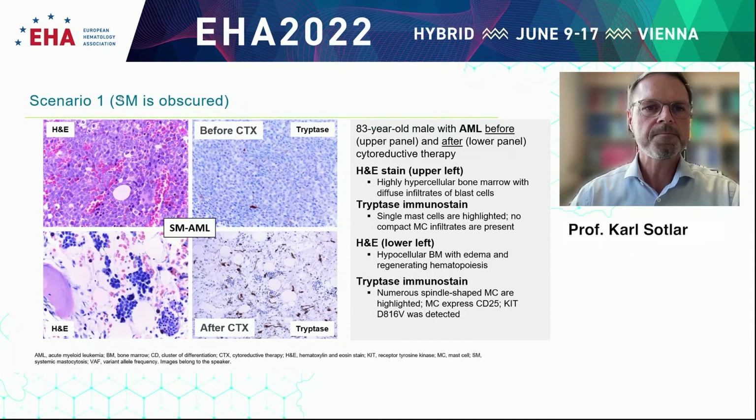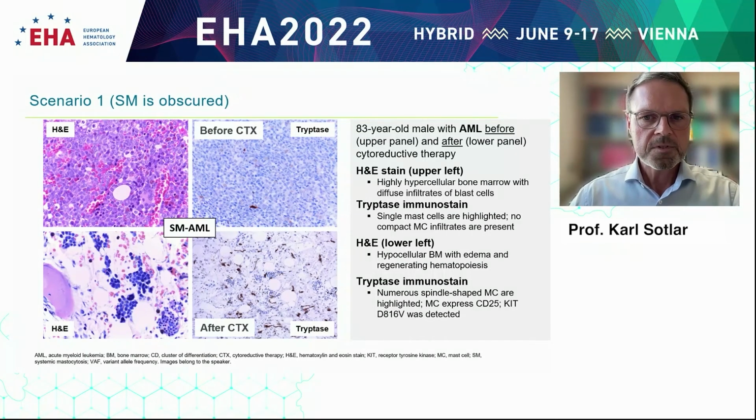So the first case is a patient with acute myeloid leukemia. When you stain for tryptase, you see no compact mast cell infiltrates. In fact, you only see one mast cell, but this mast cell is spindle-shaped. After cytoreductive therapy, we see regenerating hematopoiesis and an increase in almost all spindle-shaped mast cells using tryptase.